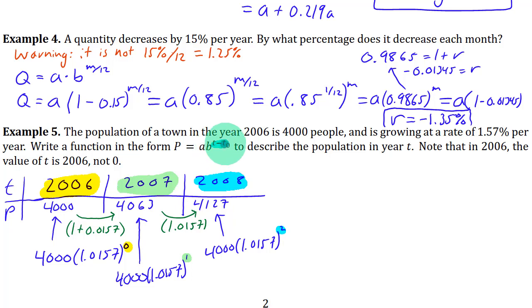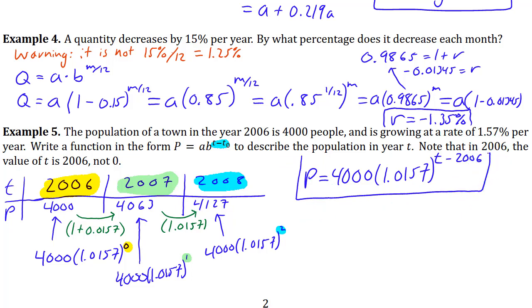This is the key here: in 2008, if you want the exponent to be 2, you can get that by doing 2008 minus 2006. So here's the formula. It's going to be 4,000 times 1.0157 to the power t minus 2006.